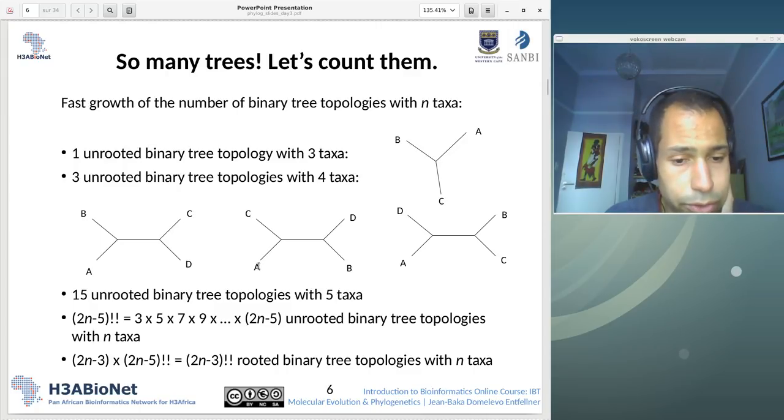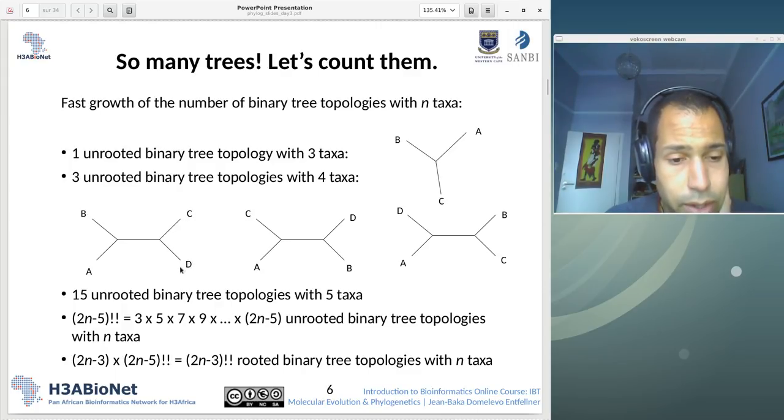Okay, because once you have determined who is the closest neighbor of, let's say, A, then the rest of the tree topology is determined. A, B, C, D is the same topology as if you had written A, B, and then D here and C here.